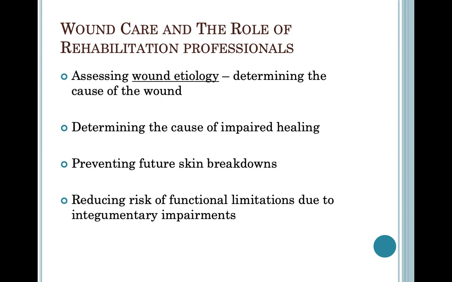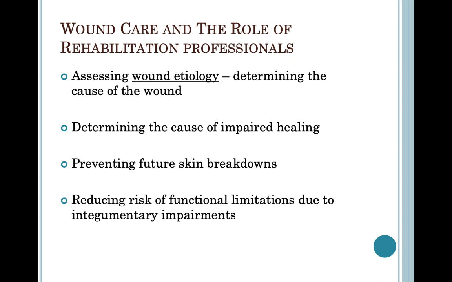So what is the role of a rehabilitation professional when we start talking about wound care? One of the main things is that we need to be able to pinpoint the wound etiology or the cause of the wound. We always want to do our best to address the causes rather than the symptoms only. With a chronic wound, that's a wound that hasn't closed in the expected normal amount of time, and for that reason, we want to figure out what's going wrong.